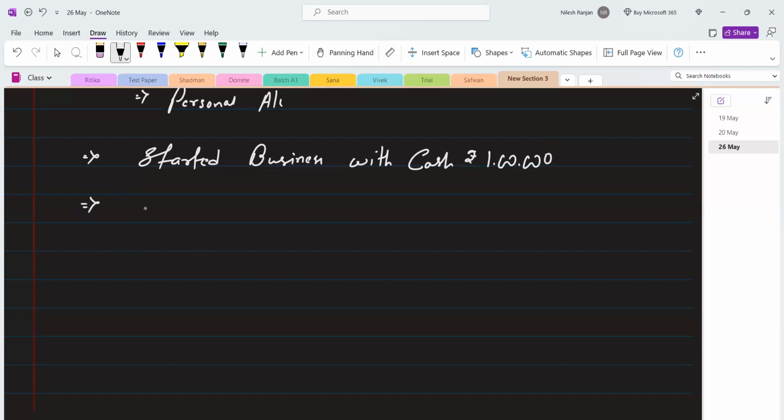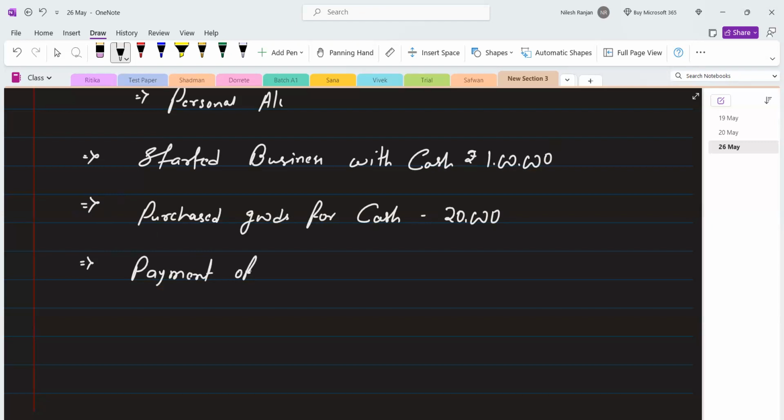Next is purchased goods for cash, 20,000. Payment of salary, 10,000.